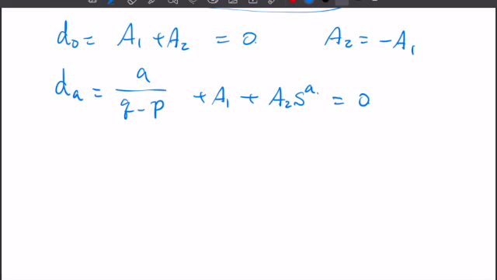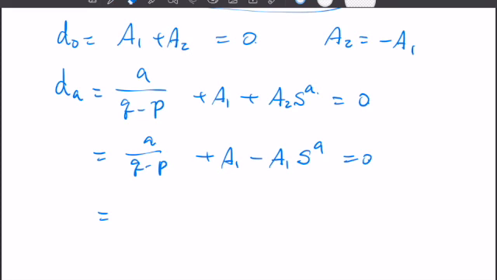Then A1 minus A1 s^a is equal to minus a over q minus p.